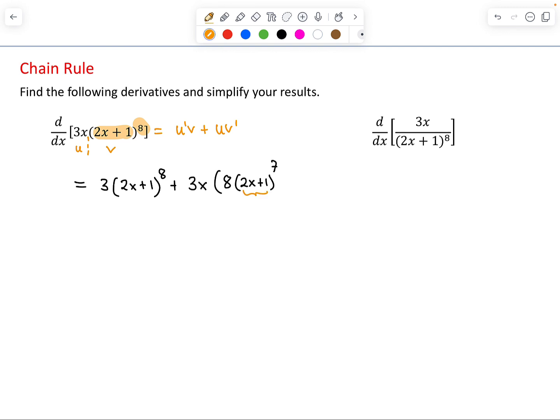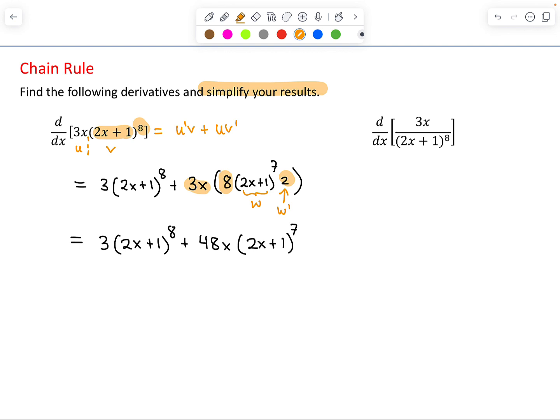This base, I'll call it w, since u and v are already taken. Well, the chain rule suggests that we need w prime now to be multiplied to what we have here, and the derivative of 2x plus 1 is just 2. Now, I will multiply the 3x, the 8, and the 2 together, giving me 48x. So this first term I leave alone, plus 48x times 2x plus 1 to the 7th.